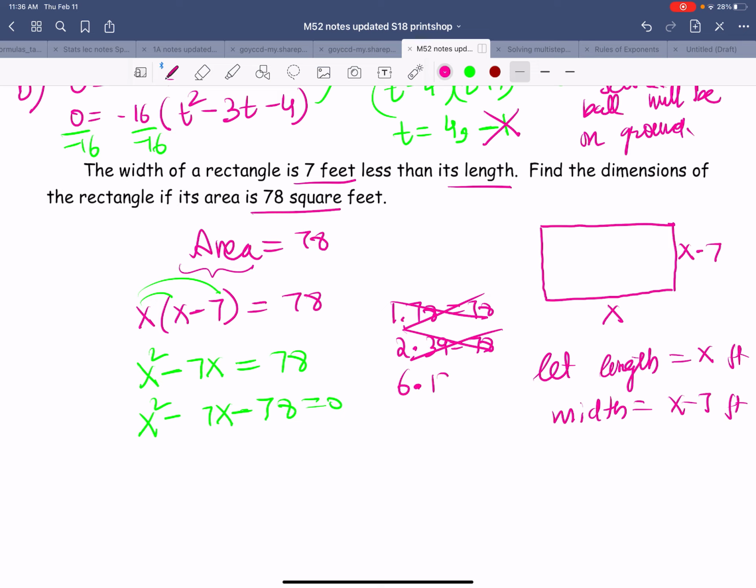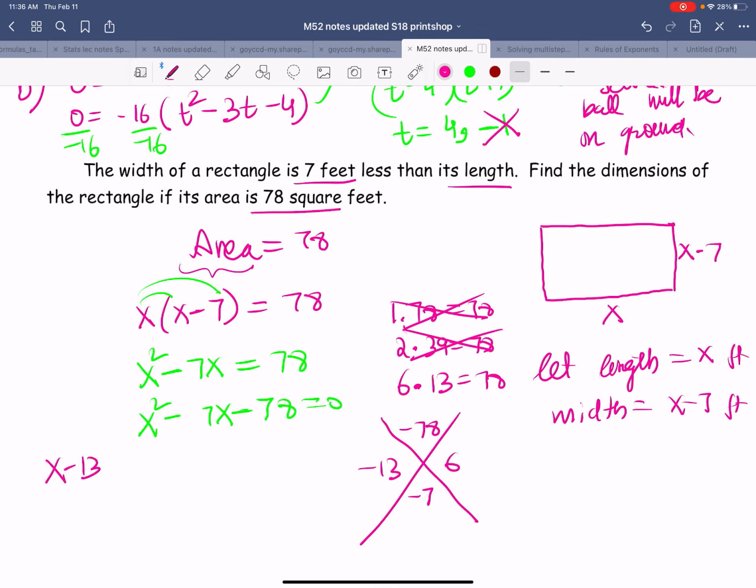That is going to be 13. And is there any way I can get a 7 out of it? Yes, if I make 13 negative and 6 positive, they will multiply to give me negative 78, and they will add up to give me negative 7. So negative 13 and positive 6.